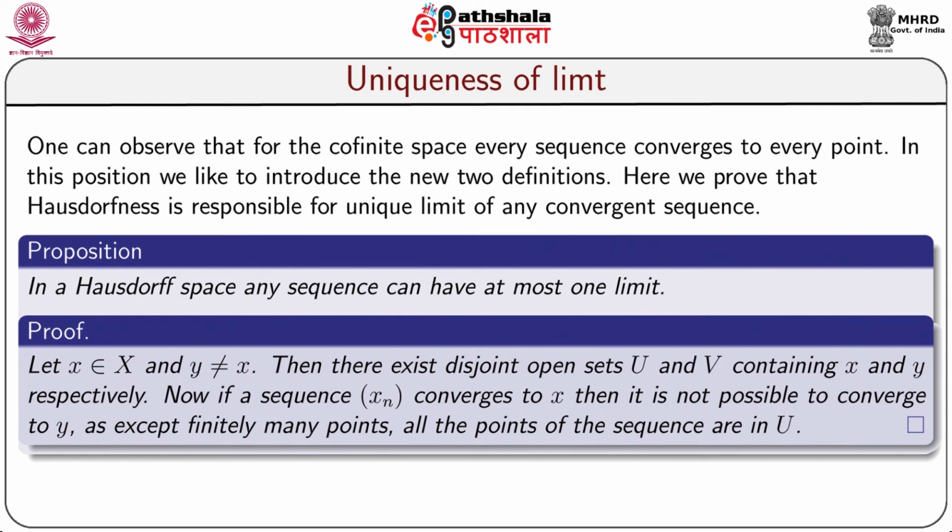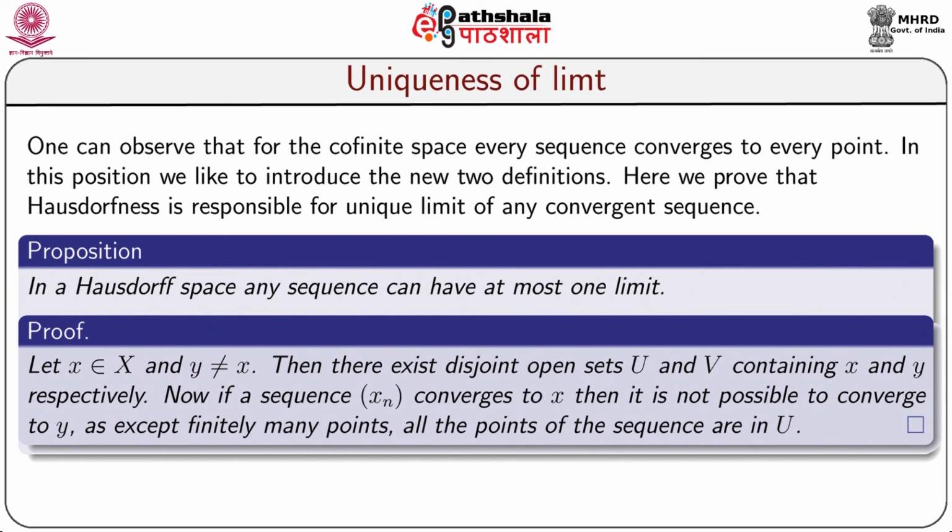So, we get the following proposition: in a Hausdorff space each sequence can have at most one limit. Proof: let X belong to the space and Y not equal to X. Then there exist disjoint open sets U and V containing X and Y respectively.